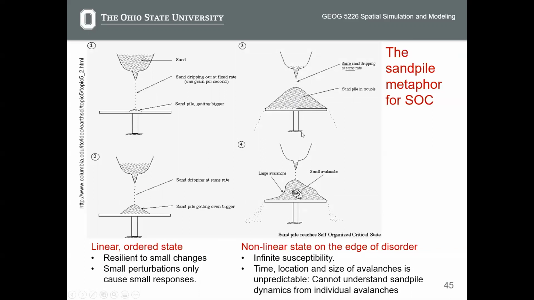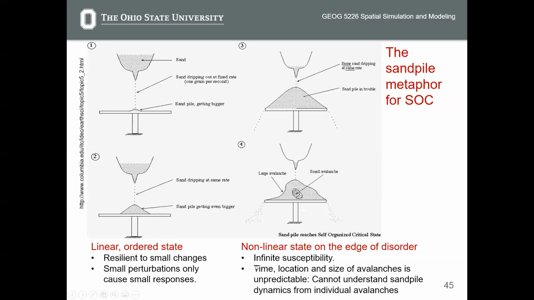If you continue to do this, the system will just jump from a linear ordered state to a nonlinear, disordered state. And what is going to happen? We have different avalanches of sand. These avalanches could be large, could be small, could happen anywhere on this sand pile or inside the sand pile, and you cannot predict it.